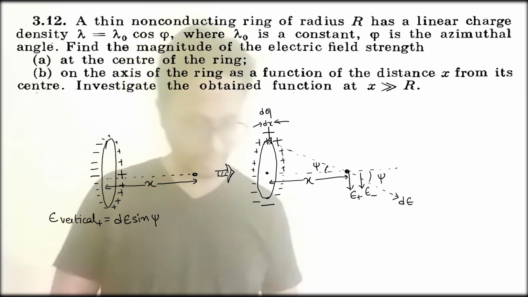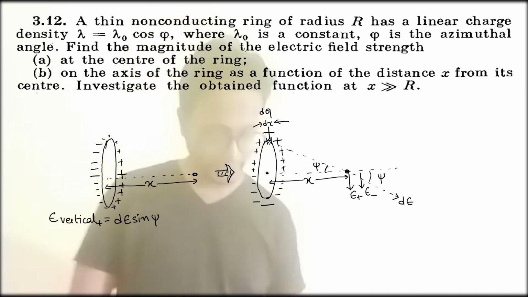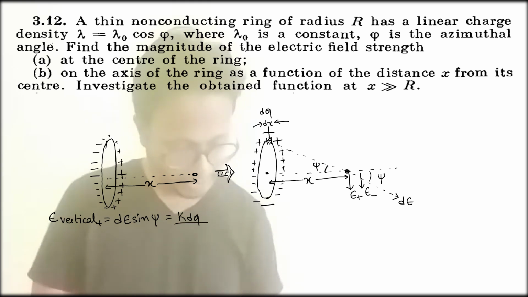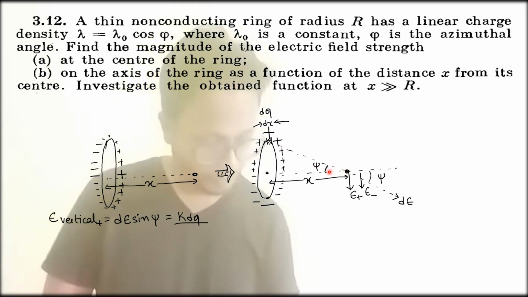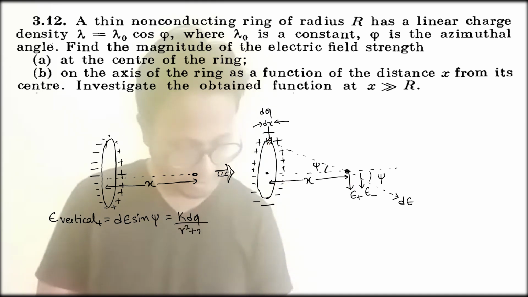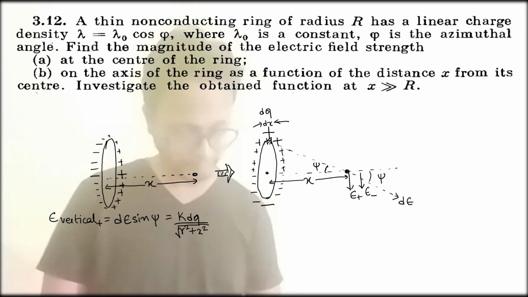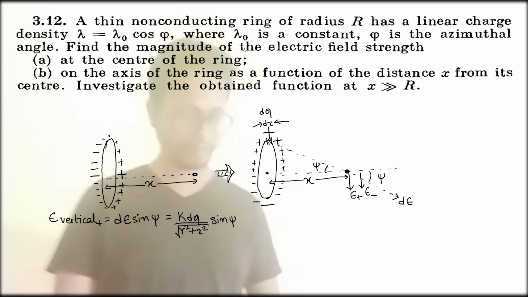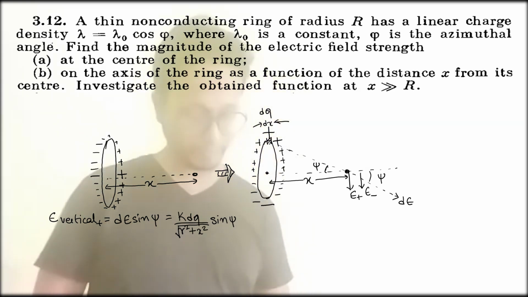Now what is the value of dE? The value of dE is nothing but k dq by the distance between them. What is the distance between them? The distance between them is nothing but under root of r square plus x square, into sin phi. Fair and fine. Now what is the value of dq?